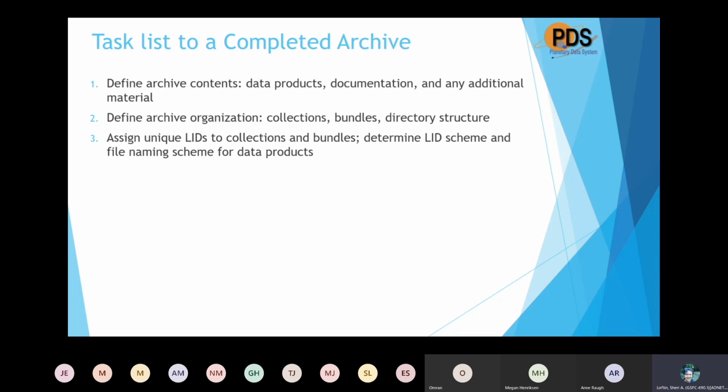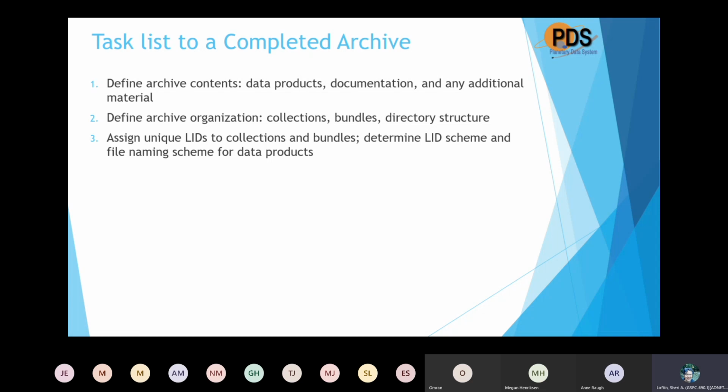And you want to go ahead and start the task of assigning your logical identifiers to your collections, to your bundles, and then as your data products are created, they'll get them with usually the file name. So you want these three things to be kind of laid out before the mission starts. And having that organization decided and laid out before will help relieve pressure and prevent confusion when the data is being collected and when the team is ready to actually do the archiving.